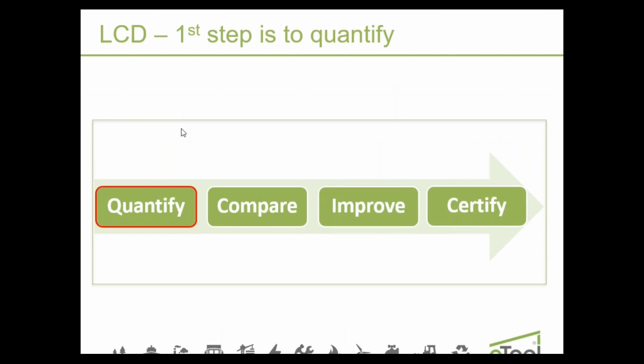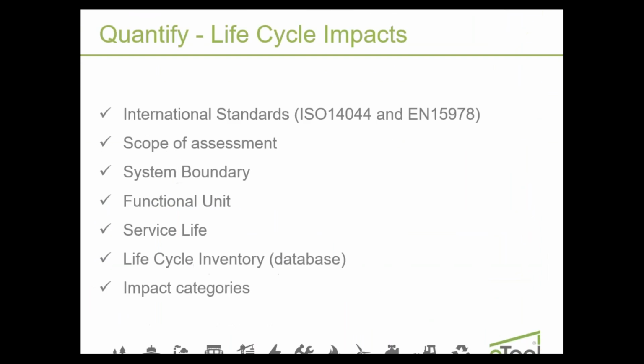The first step of the LCA is to quantify. So you would need to quantify environmental and financial performance, how to do that. And there are different things and topics you would need to think of. So first of all, international standards will help us to understand how to quantify it.